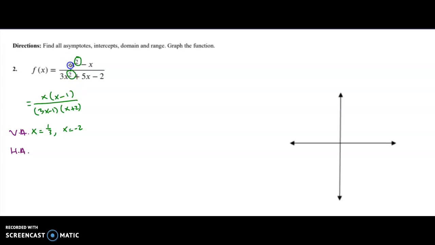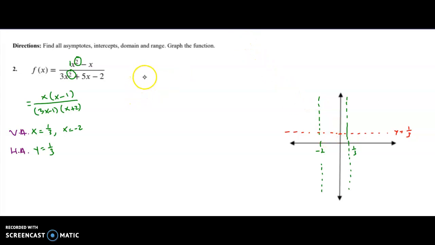So remember, we're going to look at the ratio of the leading coefficients. So that's going to be 1/3. So y equals 1/3. Okay. I'm going to draw in those asymptotes real quick over here. All right. So those are my asymptotes.